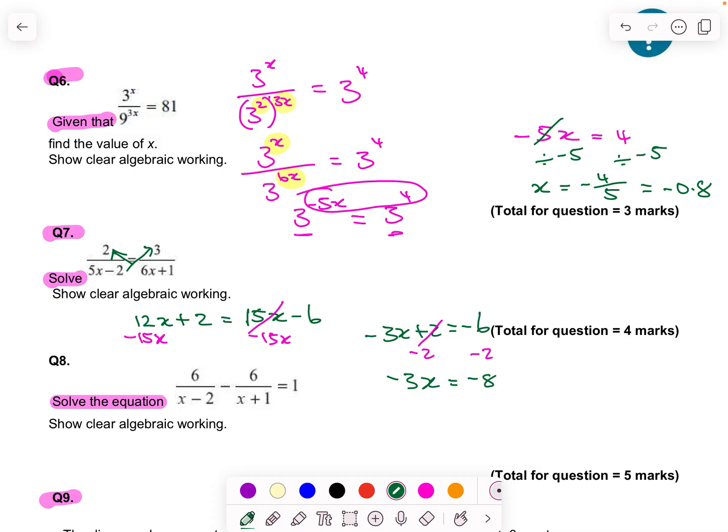Just making sure that I've done this right. I am doing this very quickly, so I apologise if I make any mistakes. Then I divide both sides by minus 3 to get x equals 8 over 3. I've got a negative divided by a negative, so the whole thing becomes positive.